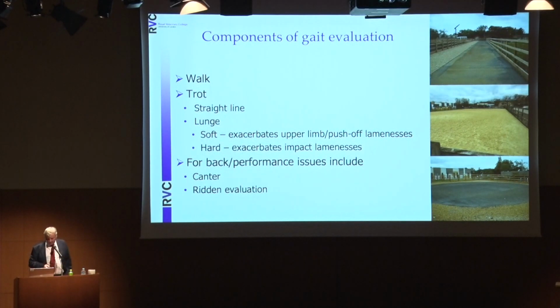But in addition, for horses that are presenting not so much for lameness, but for problems with performance and involve things like back pain, then we must, in addition, look at the horse at the canter and also when ridden.